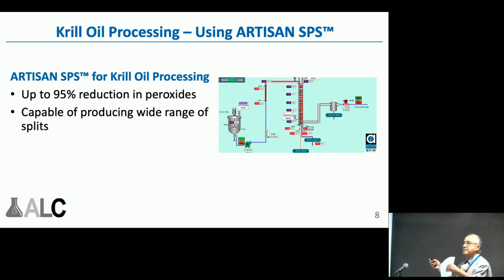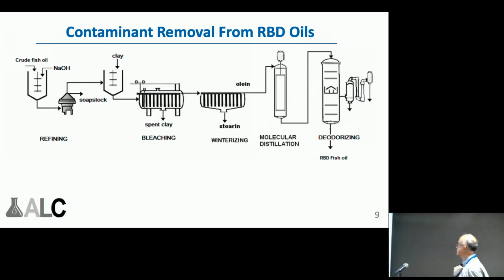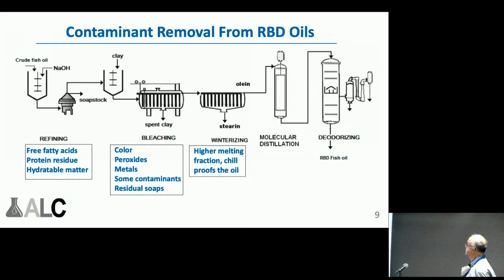There are so many applications. We just don't have the time to describe all of them in detail. So it does purify. We also remove contaminants. This is the general process to process refined, bleached and deodorized oils. We don't need to go into the details for all of them, other than at some point, especially for fish oils, where you have to remove contaminants like dioxins, PCBs, brominated compounds.